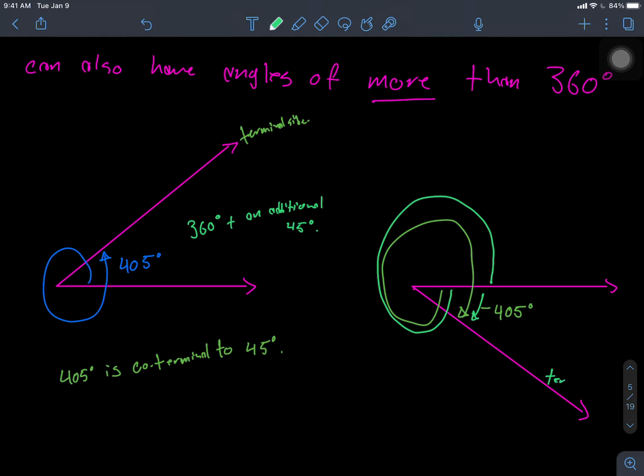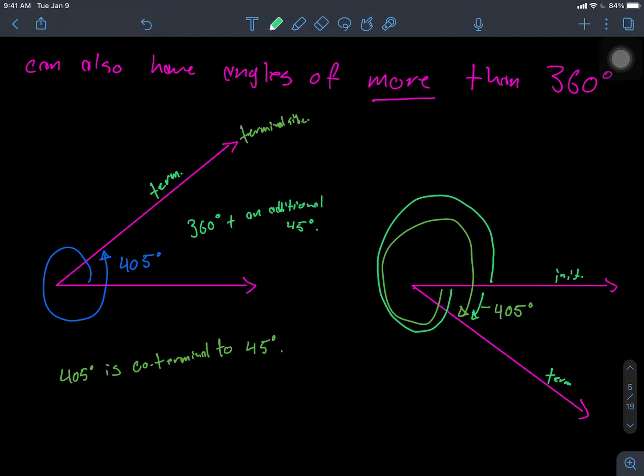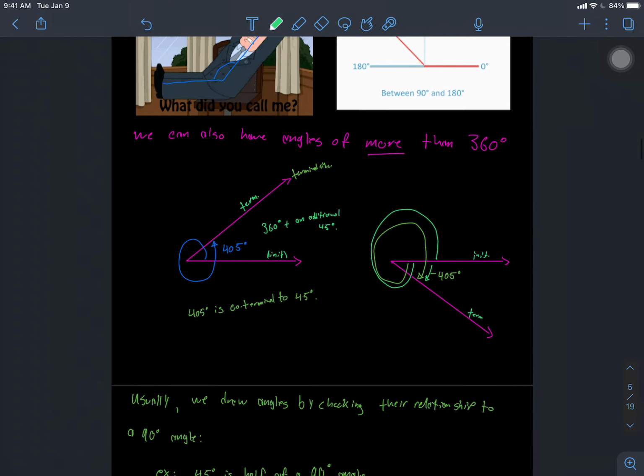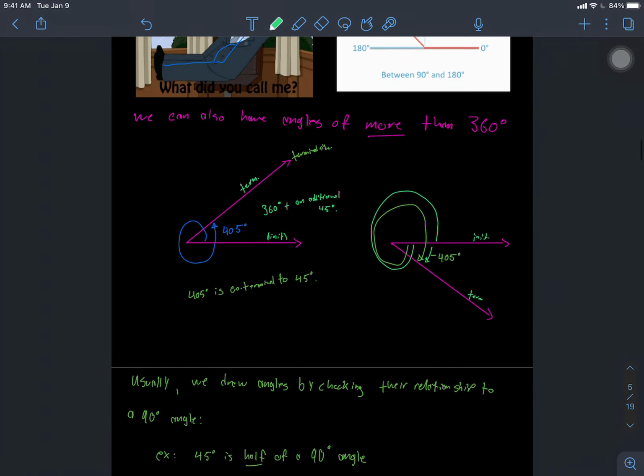So here's the terminal side, and this is our initial side. So angles of more than 360 degrees are no problem.